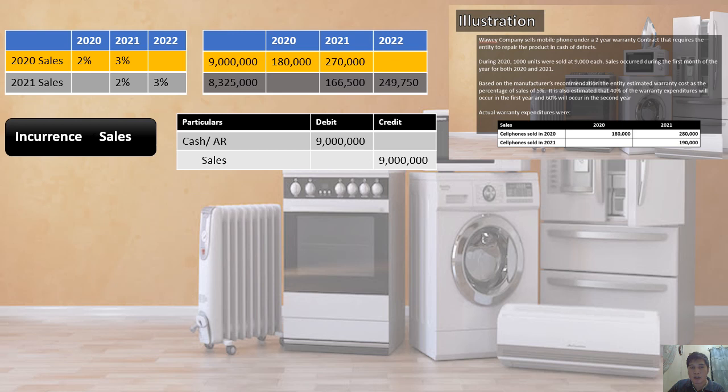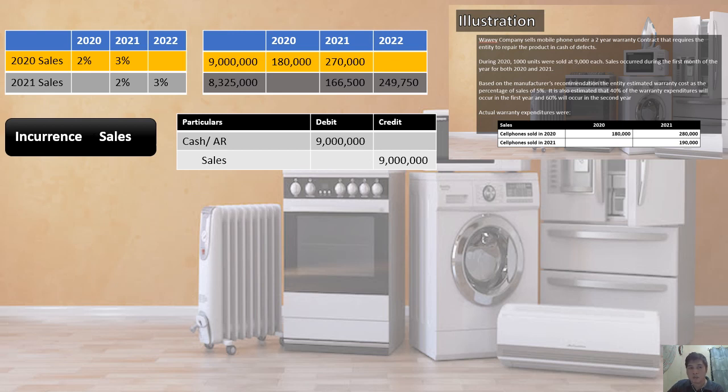Then since according to IAS 37, we have to follow the matching principle kapag ang pinag-uusapan natin ay warranty. Regardless of the timing of the actual incurrence of the warranty obligation, it should match the recognition of income.